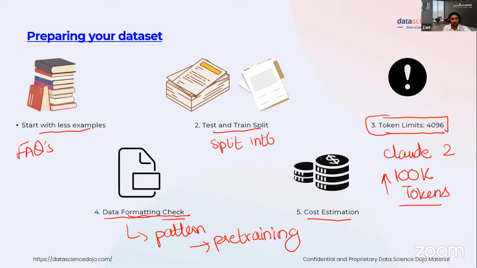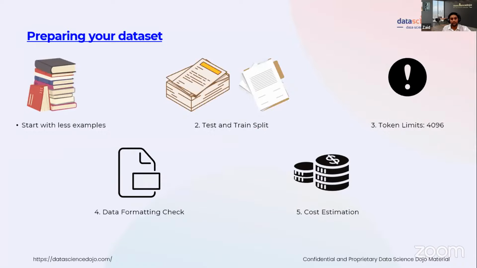Then we also have to estimate the cost. How much will it cost to do this on RunPod? It will take some $2 per hour, but it really depends on the compute you are setting. So the cost estimation is very variable, and you have to set your budgets accordingly.